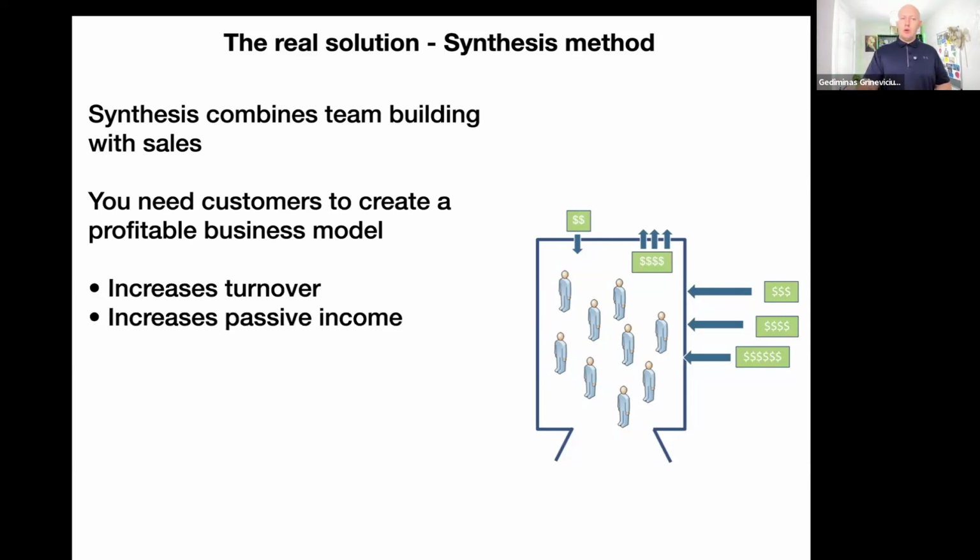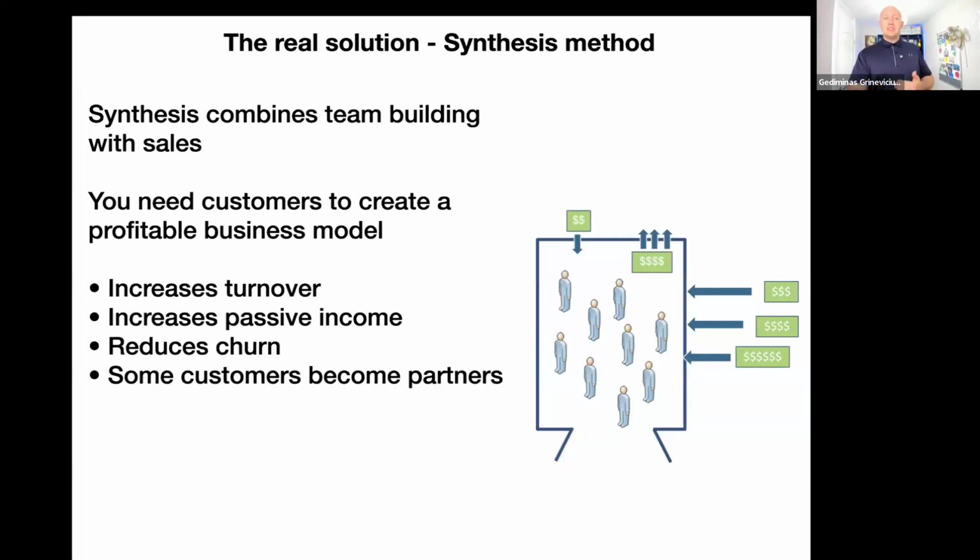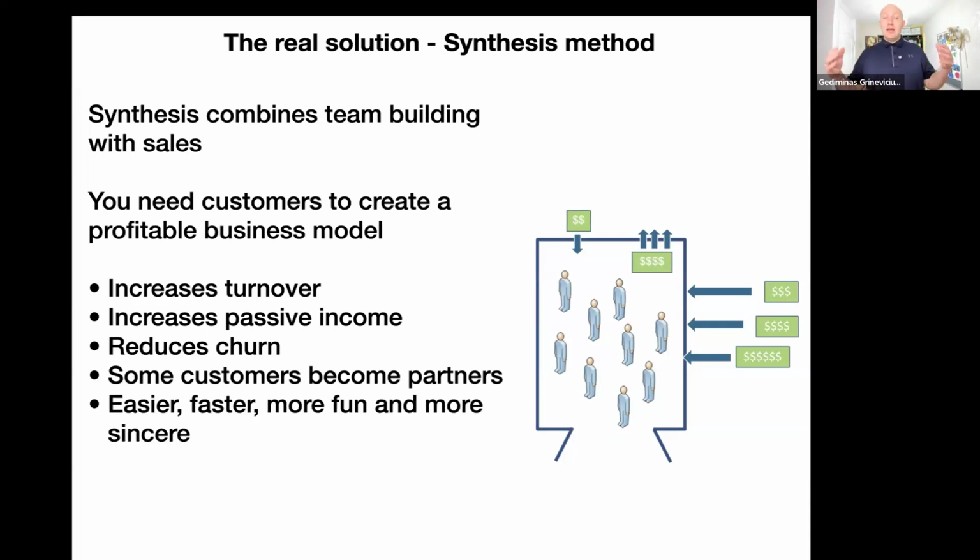This increases turnover. It increases the passive income for you as a leader as well because your team turnover increases. It reduces churn. It reduces the dropout of people. Some customers will even become business partners. It then becomes easier, faster, more fun, and more sincere to build a business because now you're actually making money and helping other people to make money.